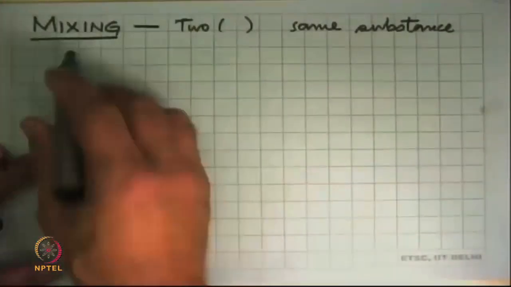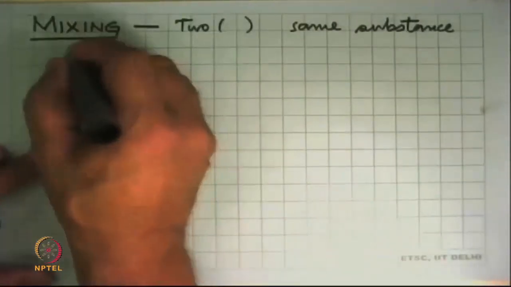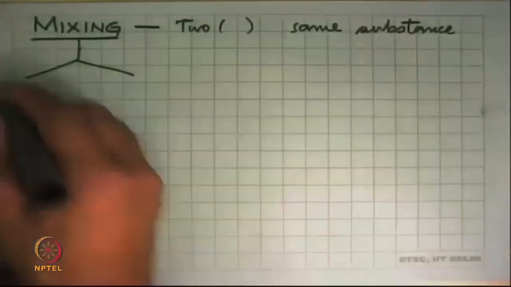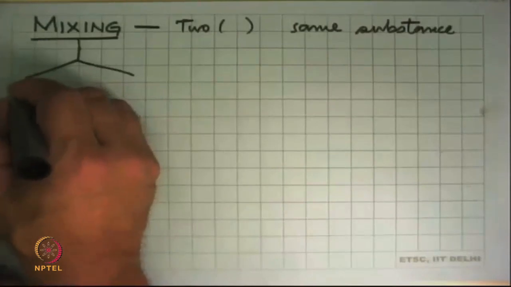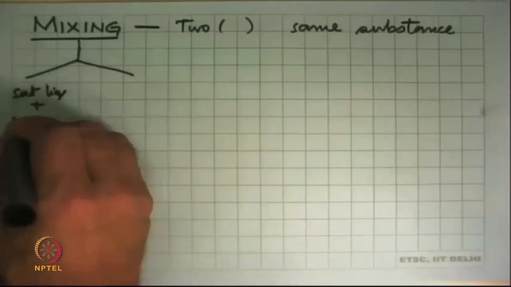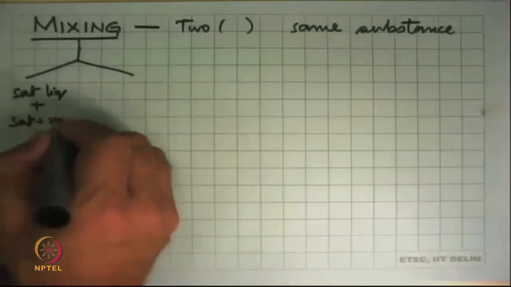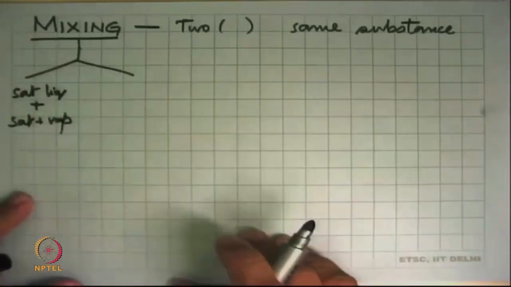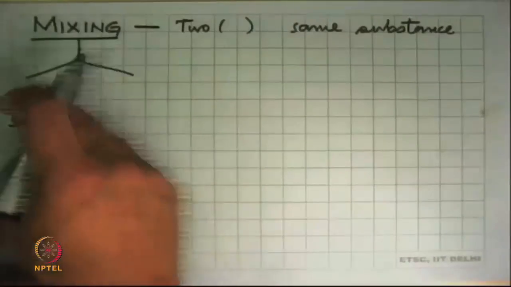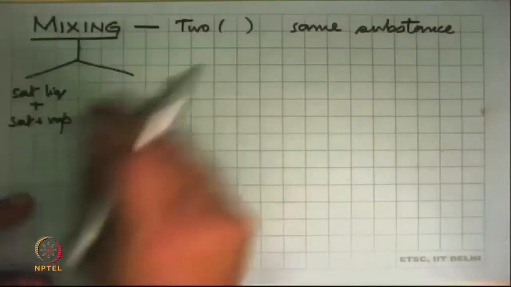So here we will see that there are some other possibilities also. First, there are two possibilities that we will look at. In one, we take saturated state, saturated liquid, and mix it with saturated vapor. And anything else other than this is what we will look at over here.